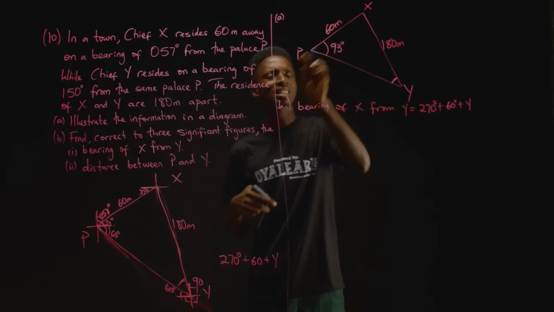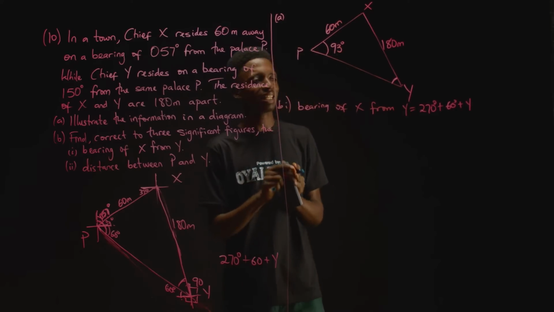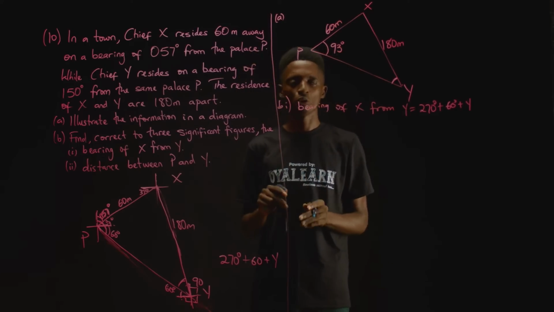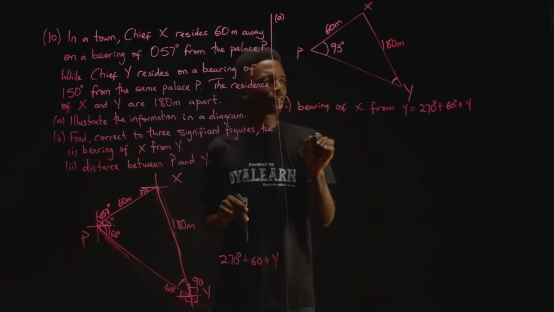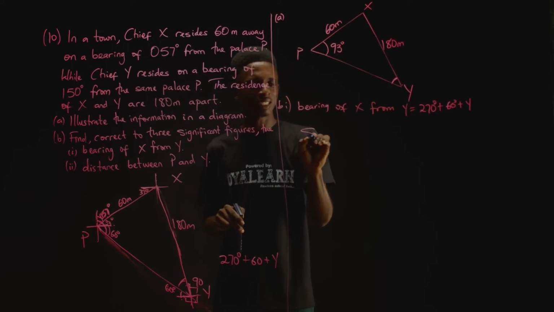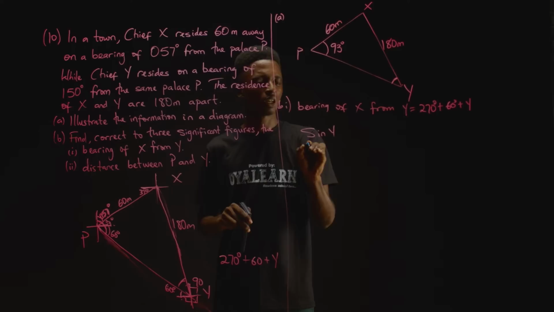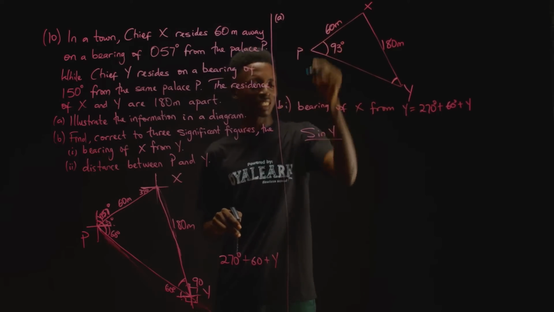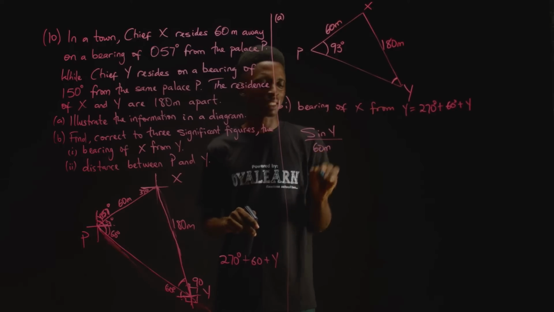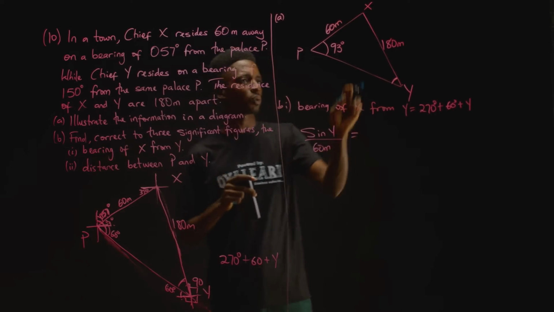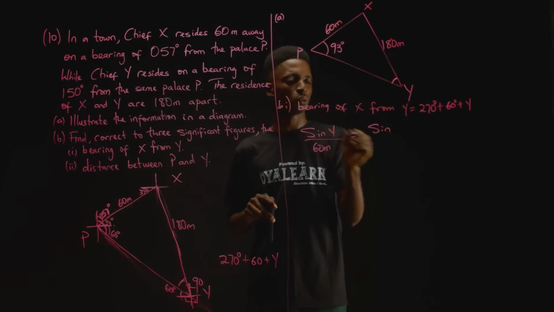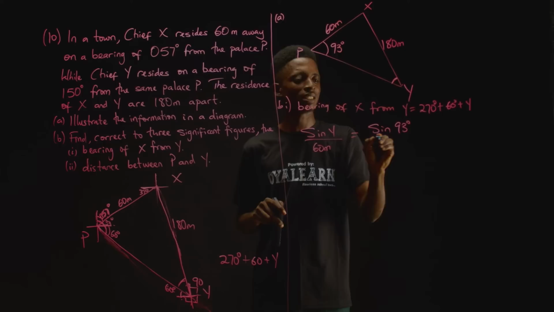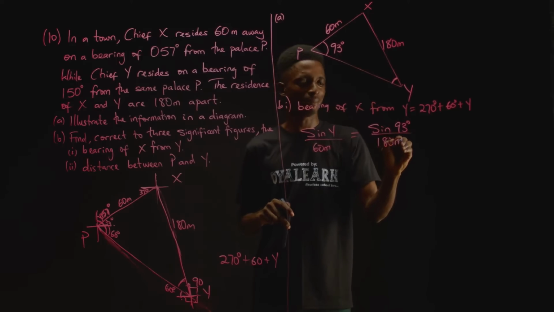So in order to find this angle here, we're going to apply the sine rule. Okay? Now, according to sine rule, we can have this angle here. Let's indicate that with sine Y over the opposite distance, which is 60 meters. We'll equate with, then we do the same thing with this, that is sine P, which is 93 degrees over 180 meters.